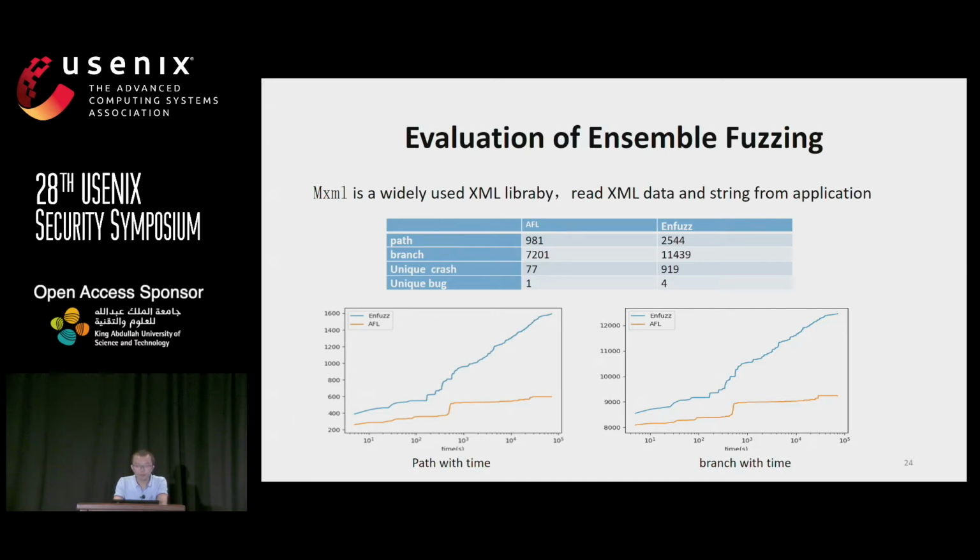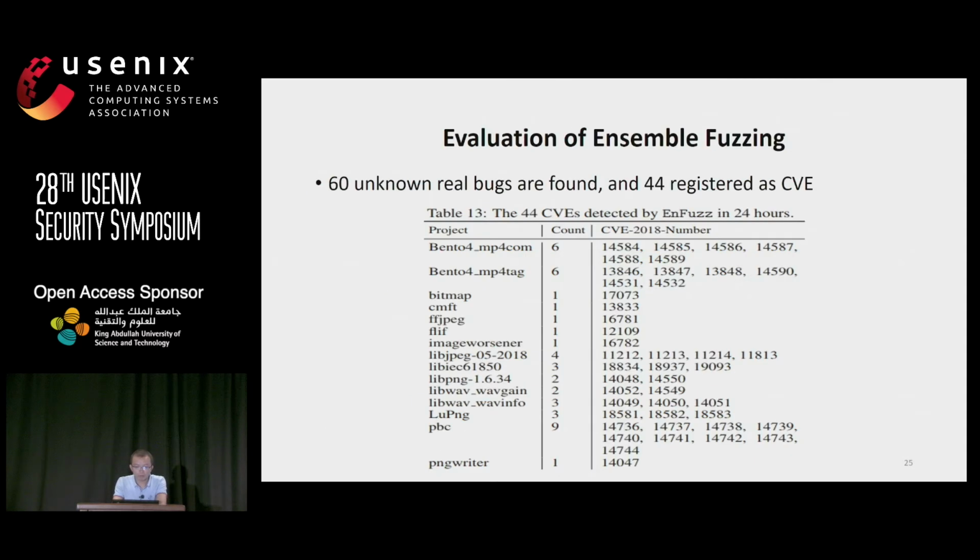Because from the numbers, we can see that the 17.7 unique crashes only refer to 1 unique bug. And the second, EnFuzz, has 919 unique crashes. It only has 4 unique bugs. Maybe I think unique bug may be better than unique crash.